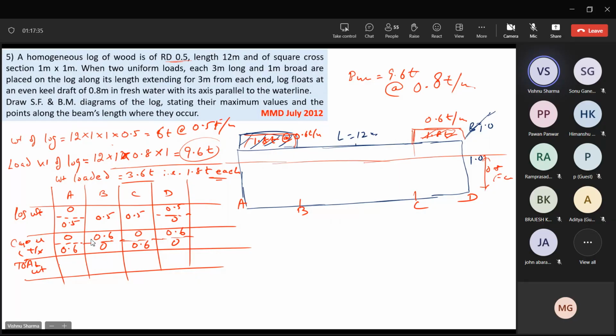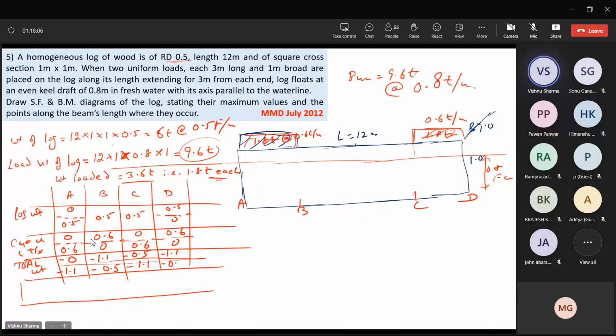In tons per meter, all the 4 will be divided: 0, 1.1, 1.1, 0. No, sorry, 0.5. This is 0, this is 1.1, then this is 1.1, this is 0.5, this is 0.5, this is 1.1, this is 1.1, this is 0. We put a minus sign to it.